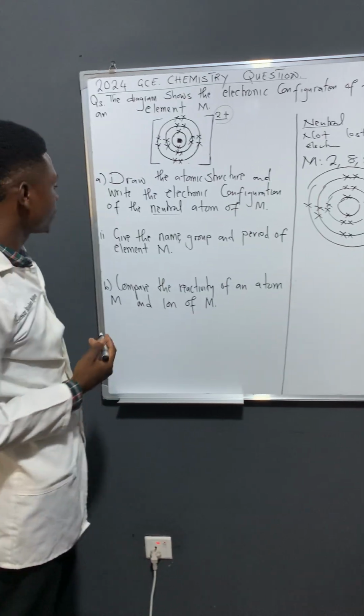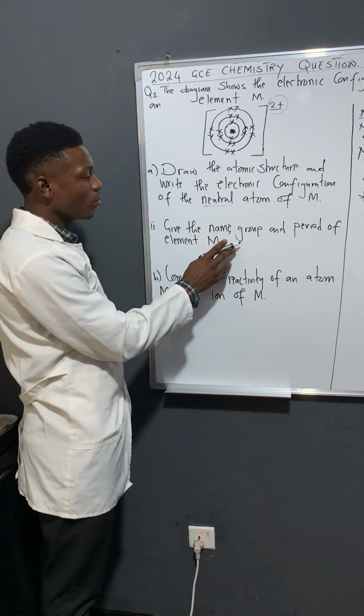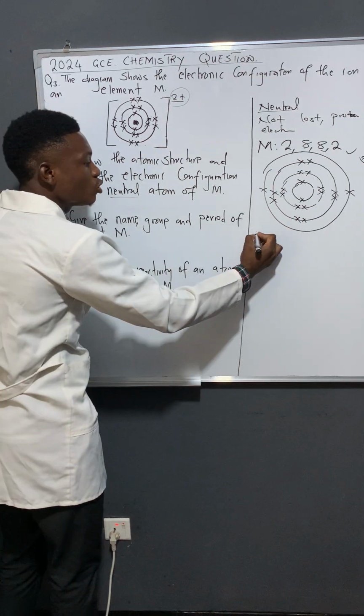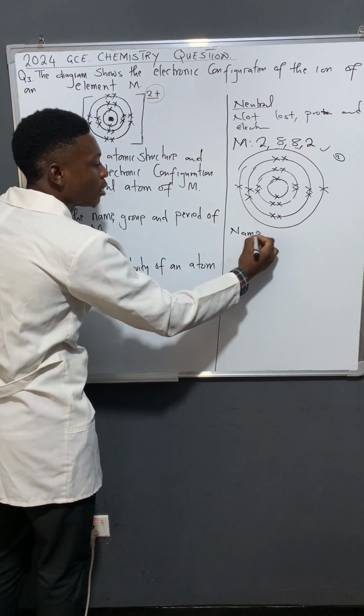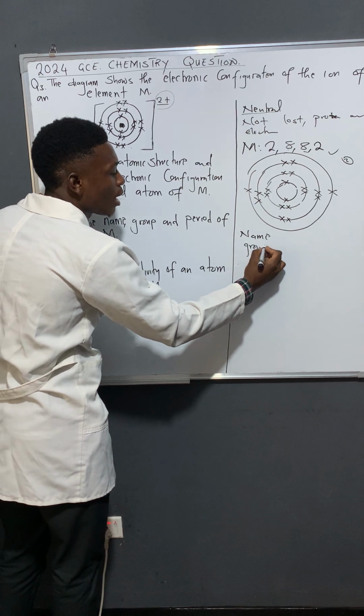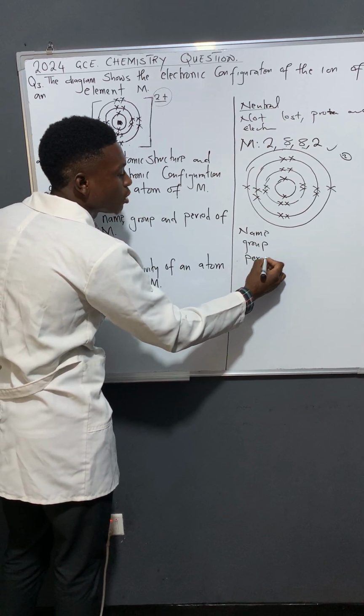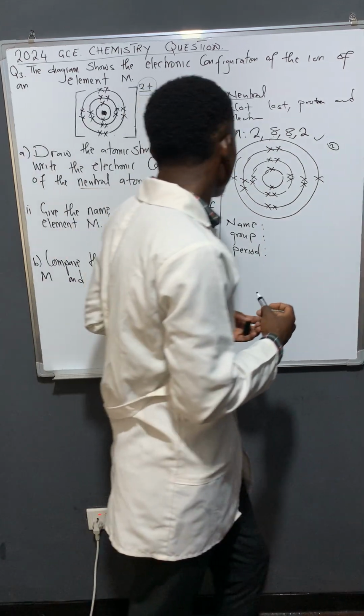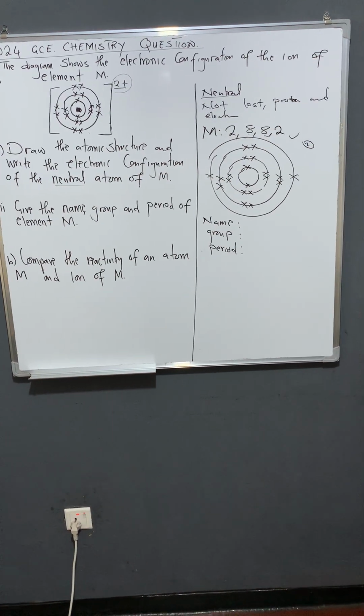Now, the next question. Give the name, group, and period of the element M. How do you check the name? How do you check the group? And how do you check the period? For you to know the name, you go to the periodic table. They give it to you in every paper.